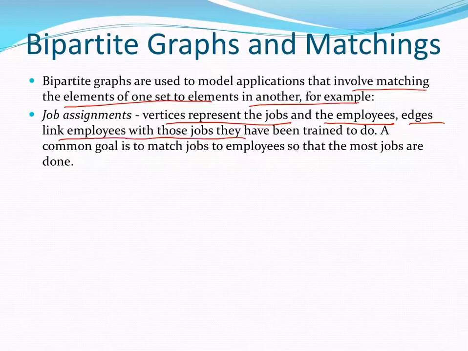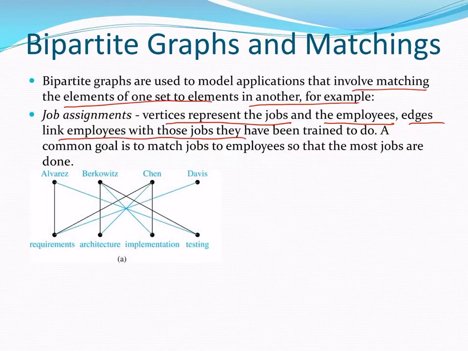And then a complete matching of, say, employees to jobs means every employee is given a unique job, or a complete matching of jobs to employees would mean that every job is being carried out. If there's an equal number of employees and jobs, then a complete matching includes every vertex.